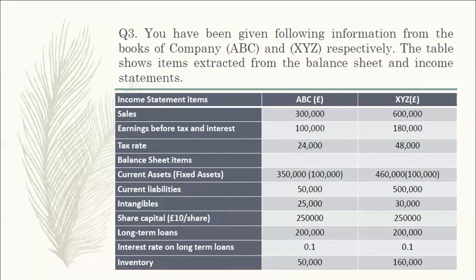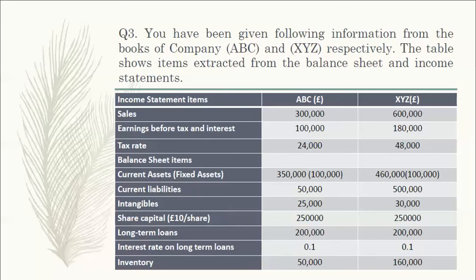So for the income statement we get the sales amount, earnings before tax and interest, and tax for each company.